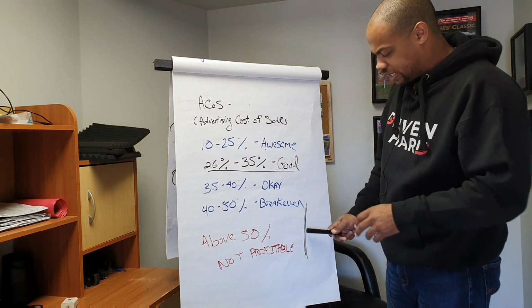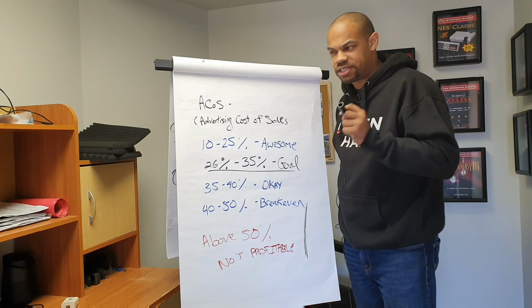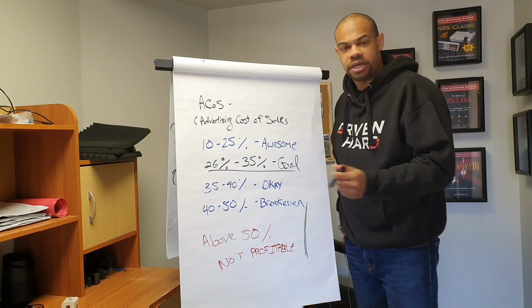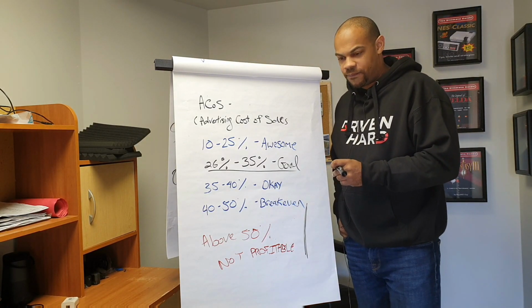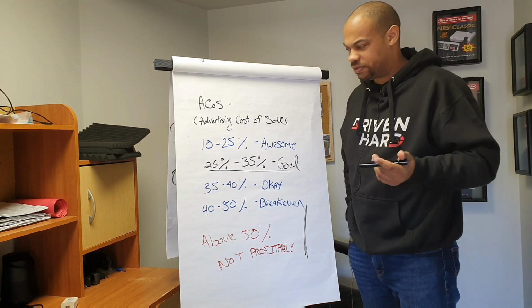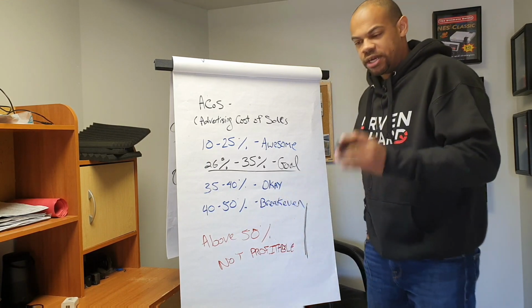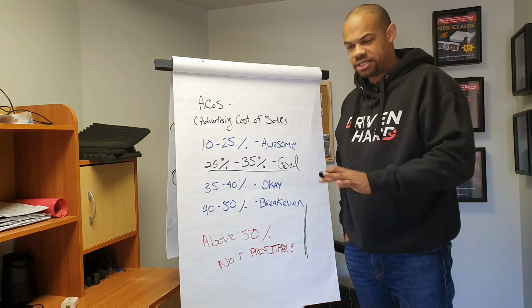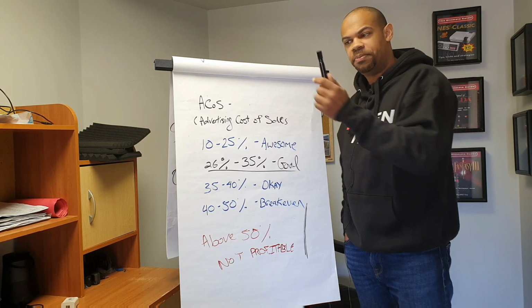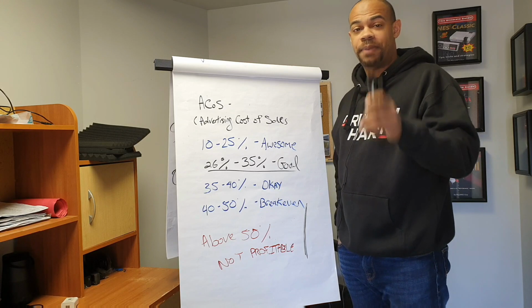But down here, there are specific scenarios where you actually want to run unprofitable ads, okay? And this is a more advanced topic than I was thinking going into this video, but there's certain scenarios where running an unprofitable ad on the front end makes a ton of sense, because you're going to make more money on the back end. But that involves you having the back end set up properly.